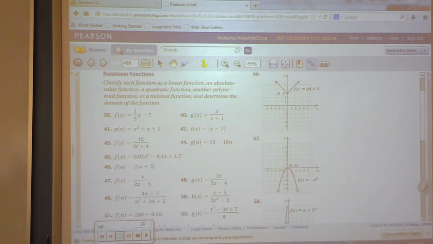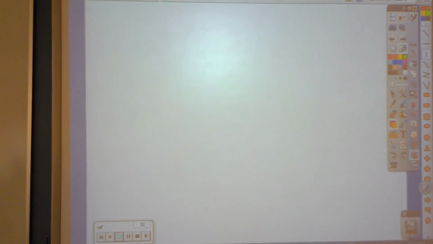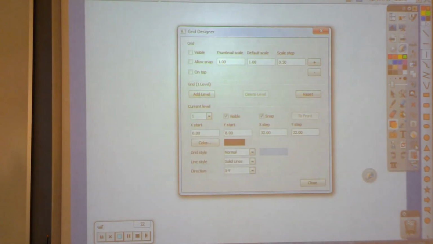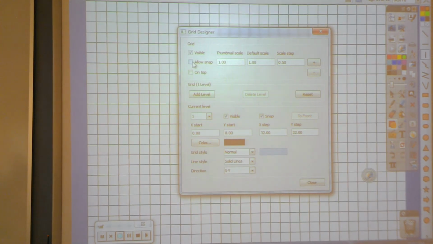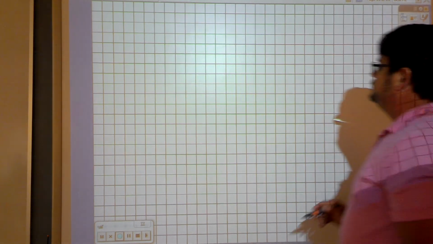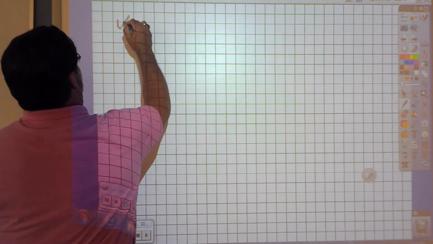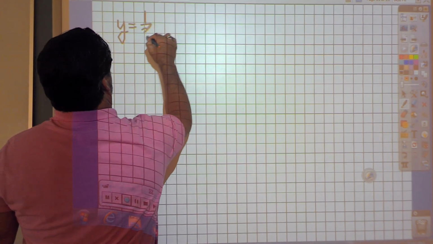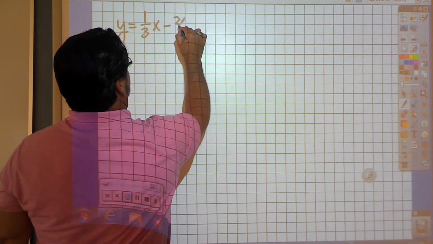So, let me take my handy dandy whiteboard. y is equal to 1/3 x minus 7.